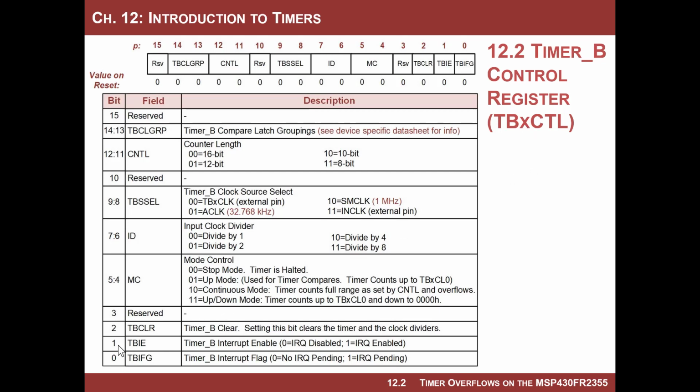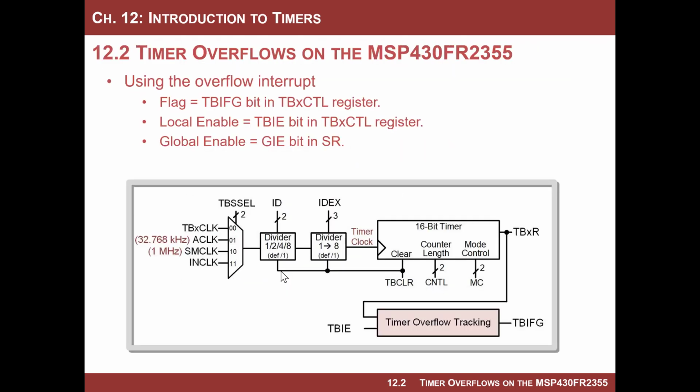So if I set bit 1 in TB0CTL, I'm enabling the local enable in timer B0. If I set that same bit in TB3CTL, I'm enabling that local enable in the timer B3 system. The reason that's cool is because these masks, these bit definitions that I'm going to use, I can use the same one across all the different timer systems because this register has the same bit positioning.